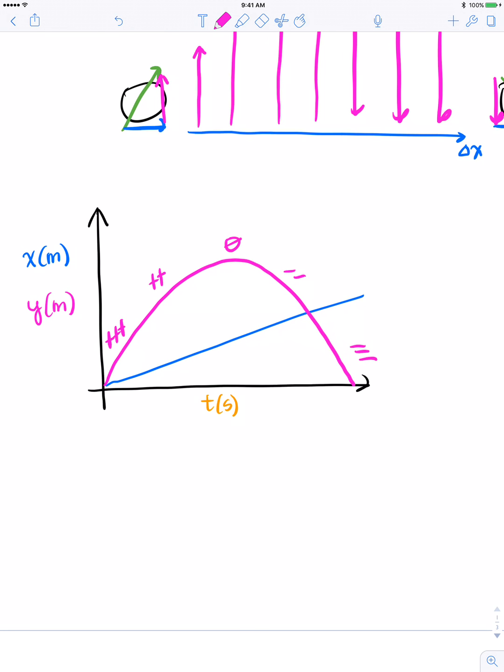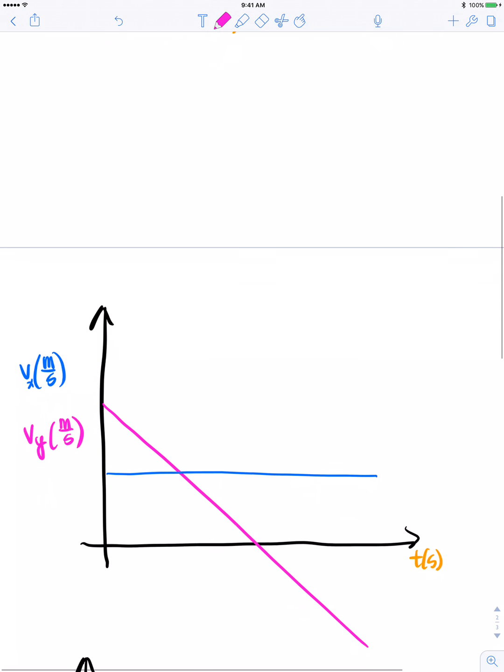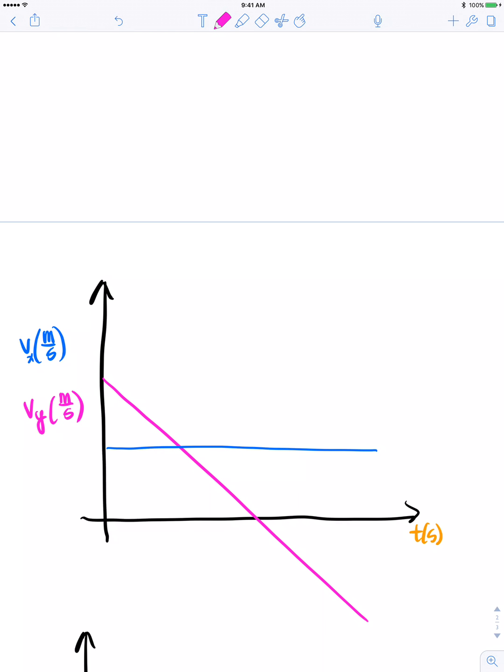Going back to our displacement graph, now looking in the x direction, you can see that there is a constant increase in the displacement in the x direction. With a linear graph for displacement in the x direction, we would expect a constant and horizontal velocity in the x direction, which indeed we did see on video physics.